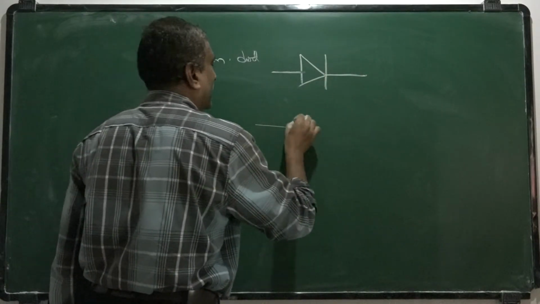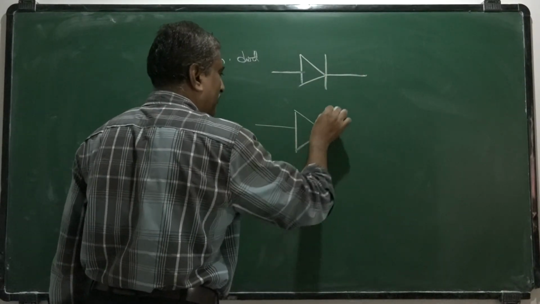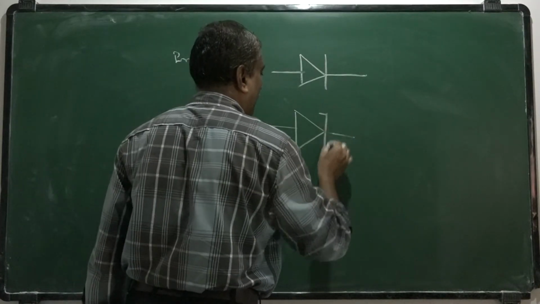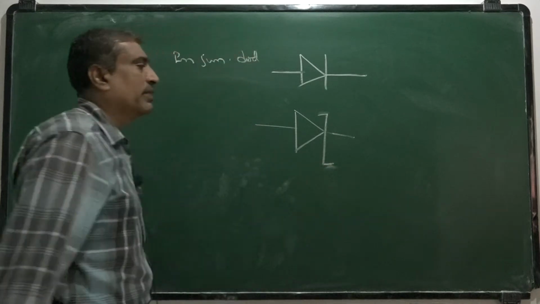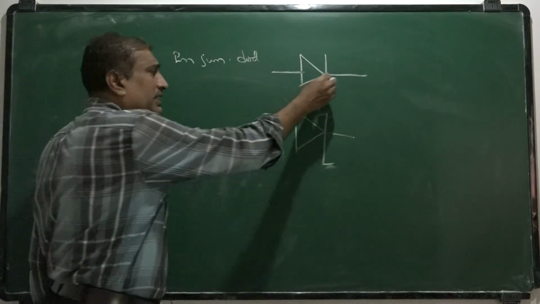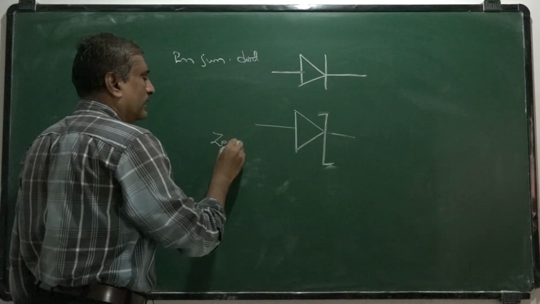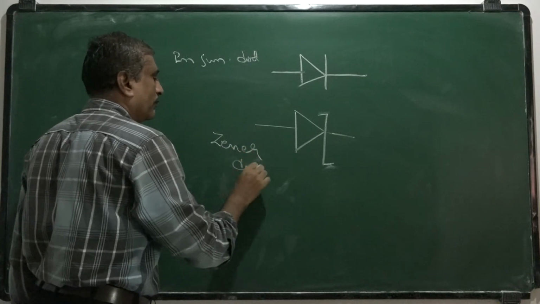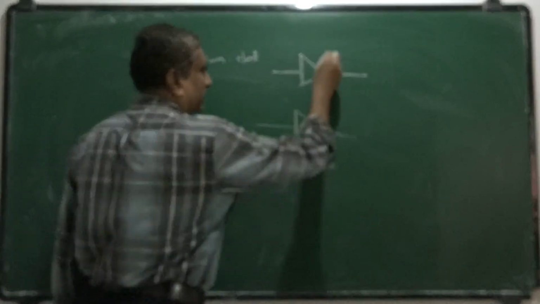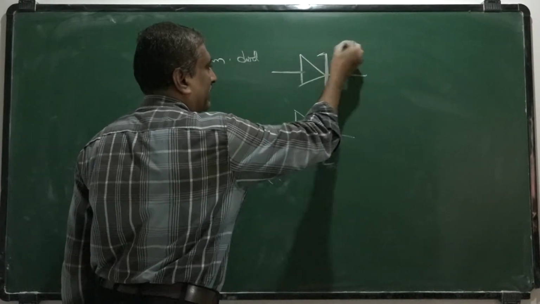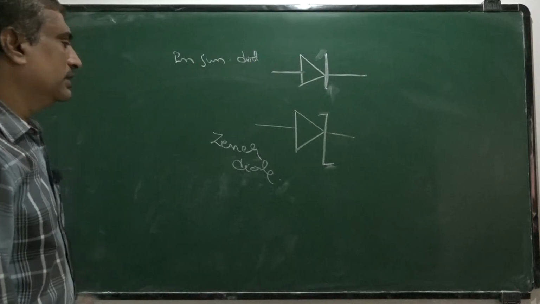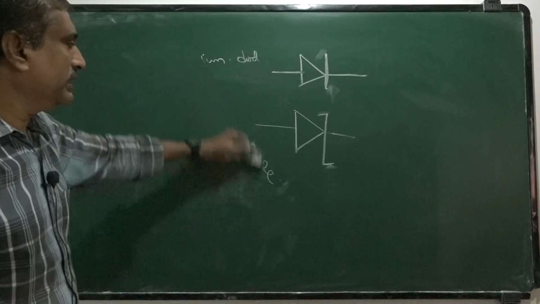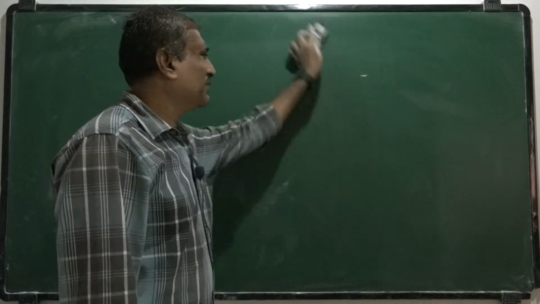So this is the p-n junction diode and this is the Zener diode. You just have to draw a Z-like shape on the p-n junction symbol. So a Zener diode means a diode which undergoes Zener breakdown in reverse bias.